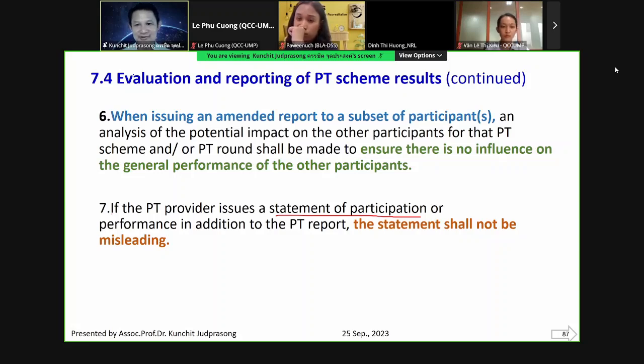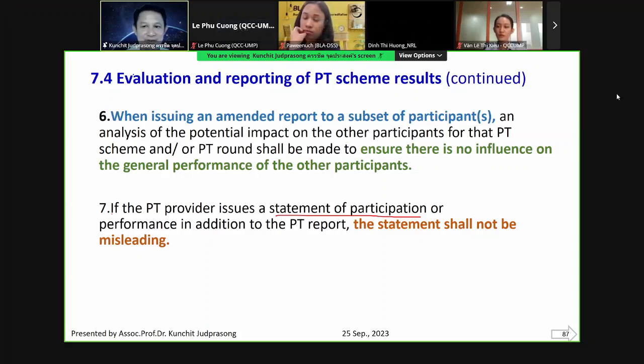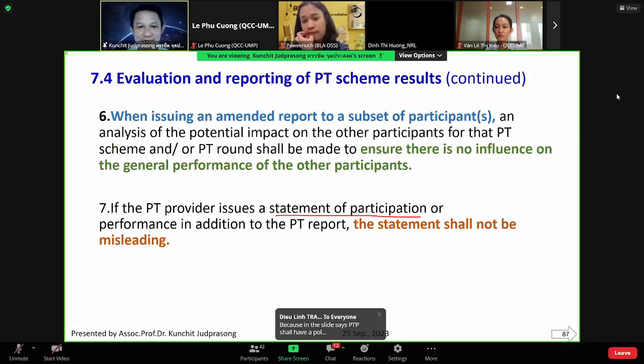This is the way it is usually done in Thailand: separate the code number from the report. Other labs will use the report, but because it tells nothing, just the number, they don't know which lab that number belongs to. So I think I answered how to limit the use.